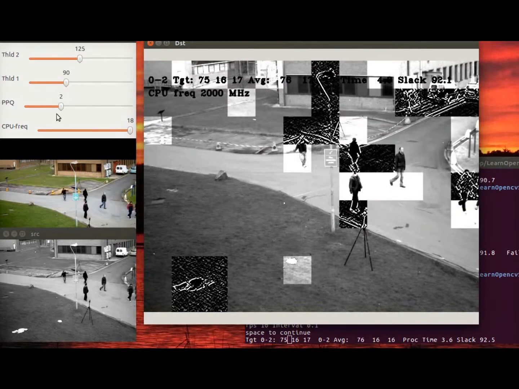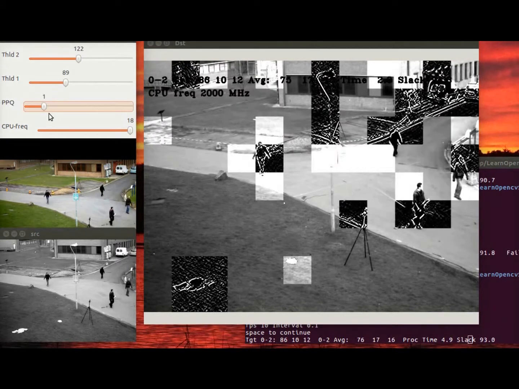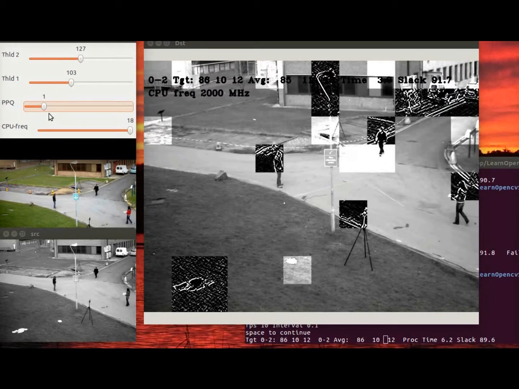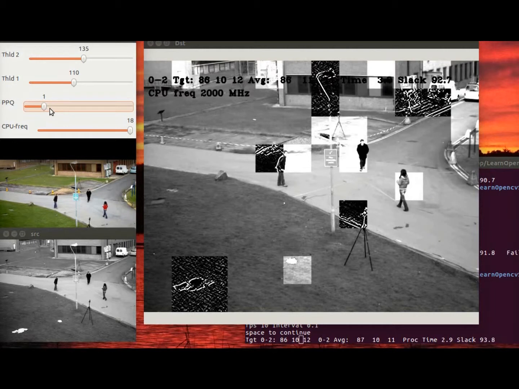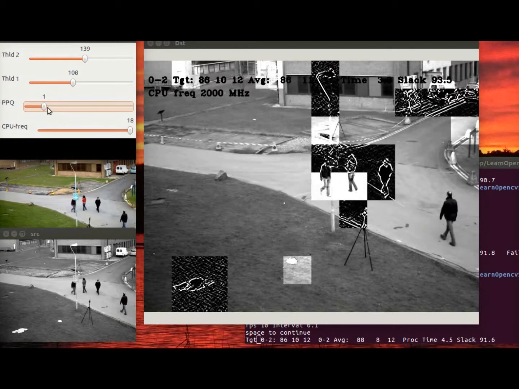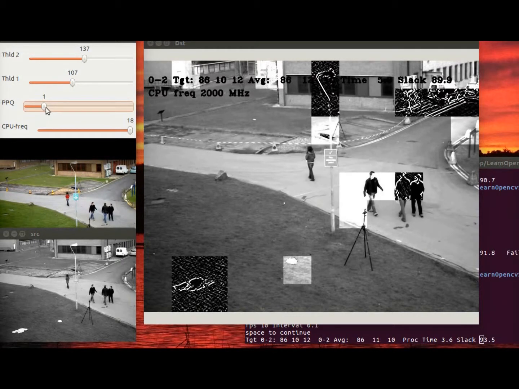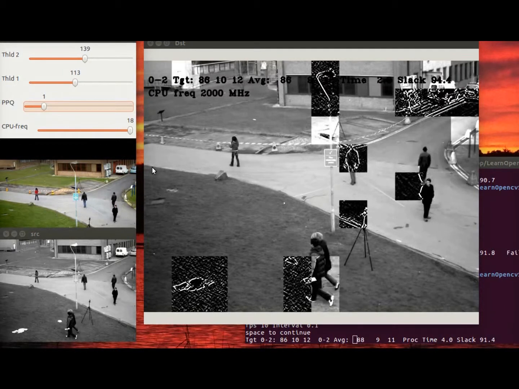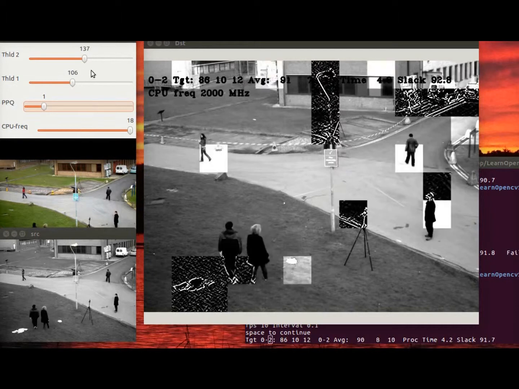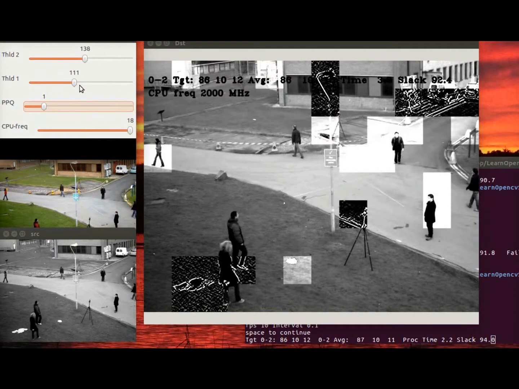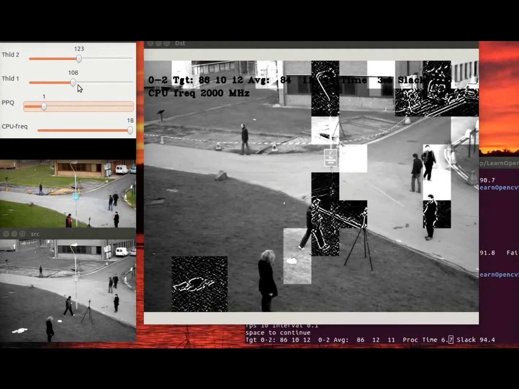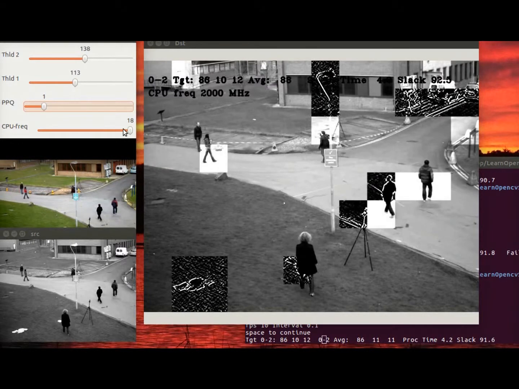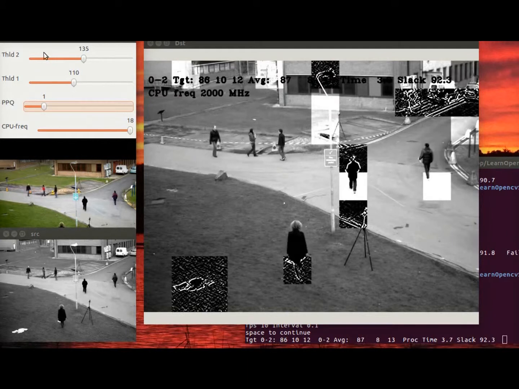As we shift the PPQ down, there are fewer sections being tracked, but processing time goes down and slack time goes up. And you can notice that as more people come into the picture, the actual threshold moves up and down with the activity. If this was linked with the CPU frequency, it could be quite attractive.